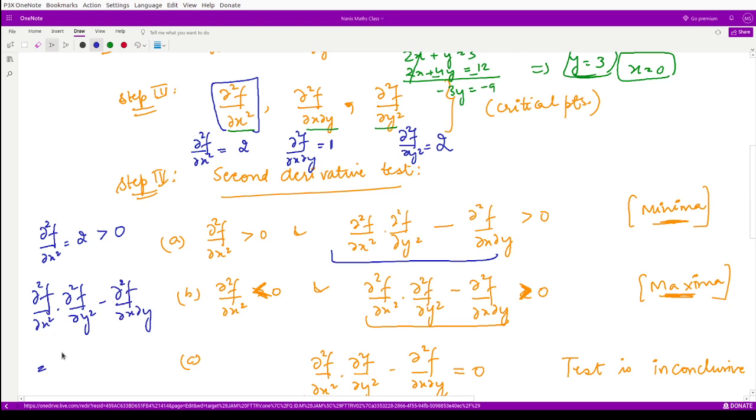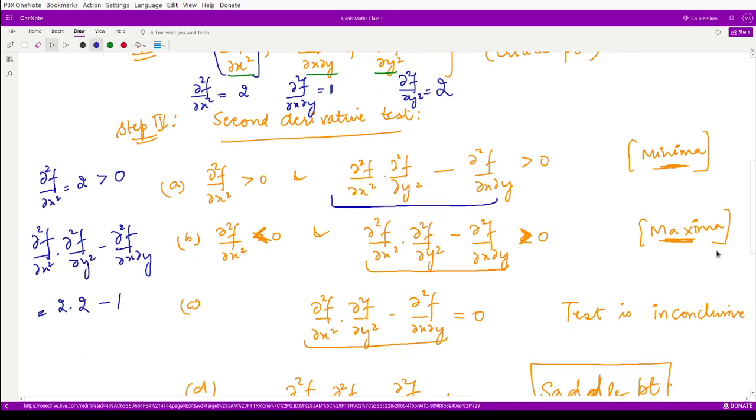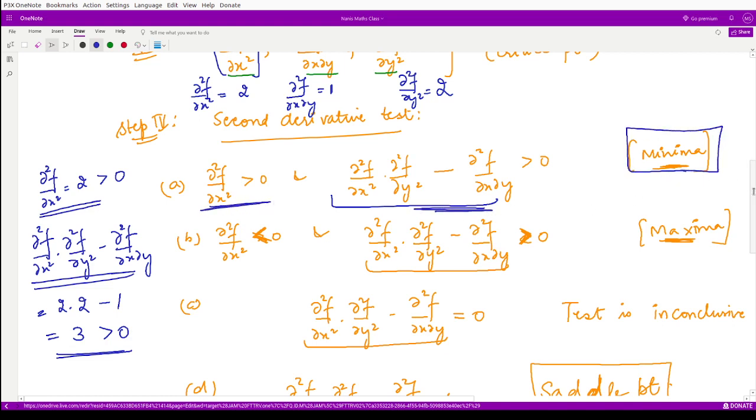The first quantity is 2, the second is 2, and the third is minus 1. So we finally have the value as 3. 3 is also a positive quantity, so both of these terms are positive. In that case, we obtain the minima. So it is clear that we have a minima at the point (0, 3).